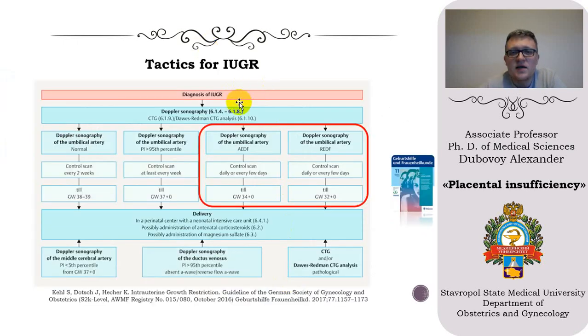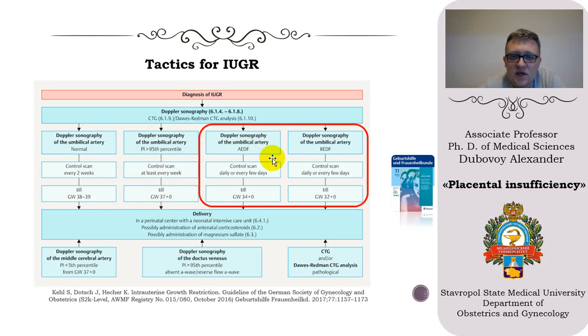Tactics for intrauterine growth restriction: diagnosis of intrauterine growth restriction, Doppler sonography. If normal, control scan every 2 weeks till gestational age 38-39 weeks. Doppler sonography, pulsatility index more than 95th percentile, control scan at least every week till 37 weeks.